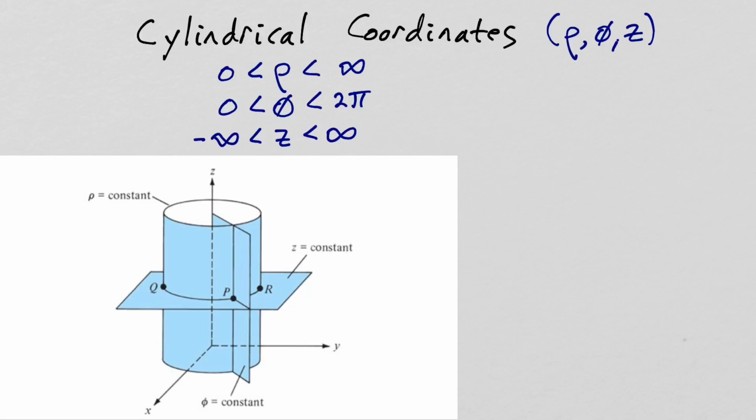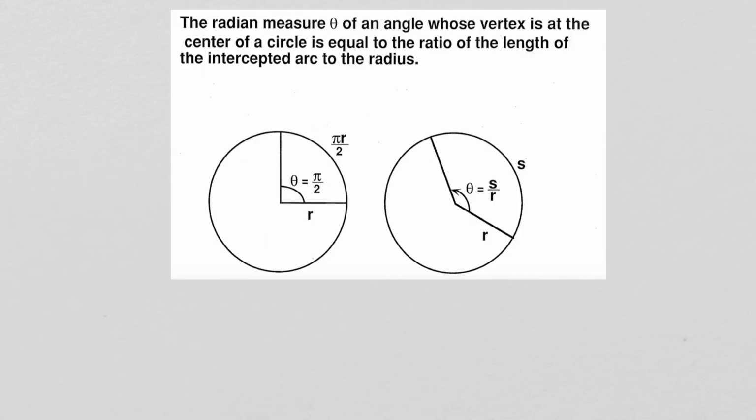We are going to use radians instead of degrees to describe angles, so let's review the concept of measuring angles with radians. If we have a circle of radius r, the circumference is 2 pi r.